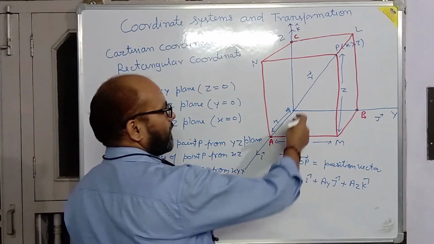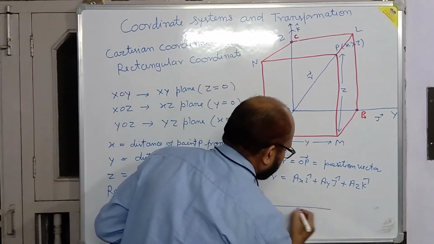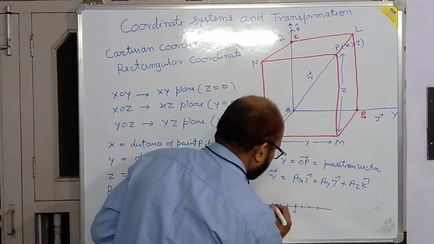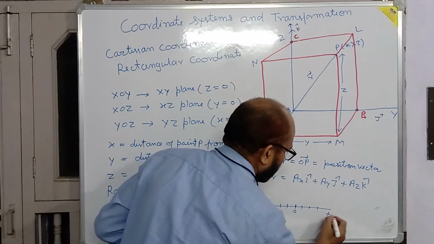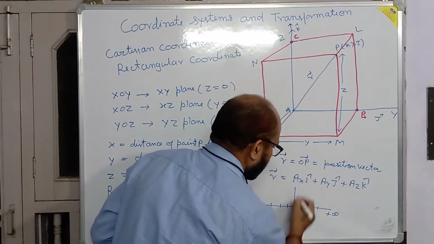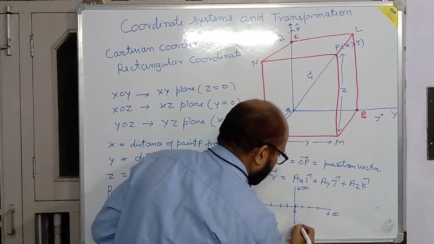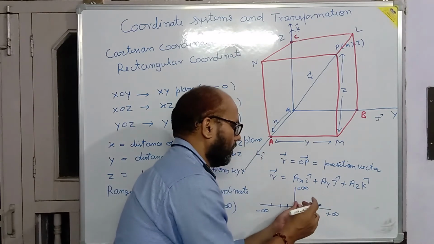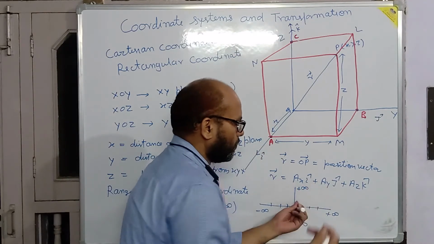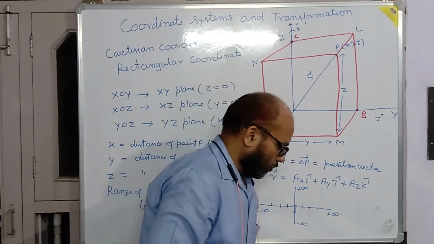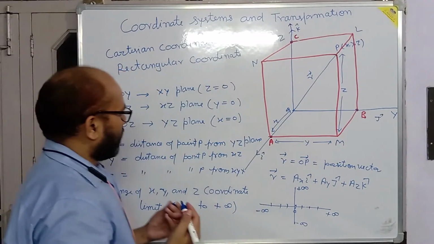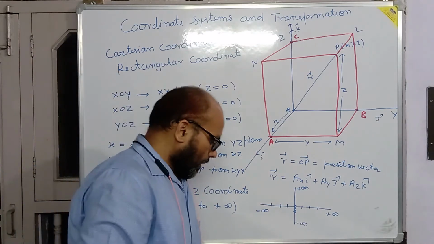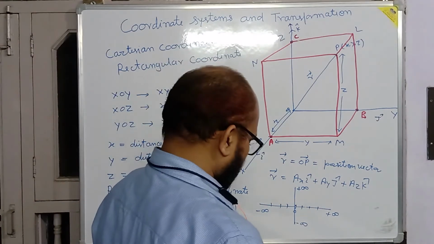In the same way, the y-axis is just like a number system. We suppose that here is 0, plus 1, plus 2, plus 3, minus 1, minus 2, minus 3, to minus infinity to plus infinity. In the same way, the y-axis, right? Here z is in this perpendicular direction, so minus infinity to plus infinity. So the limit or range of x, y, z coordinates is minus infinity to plus infinity, right?